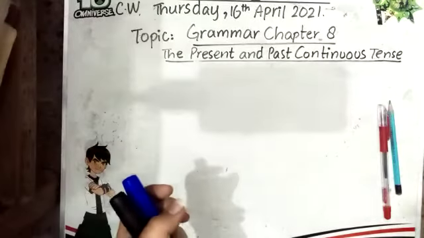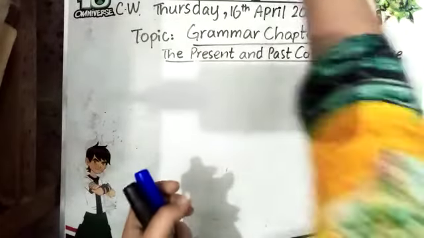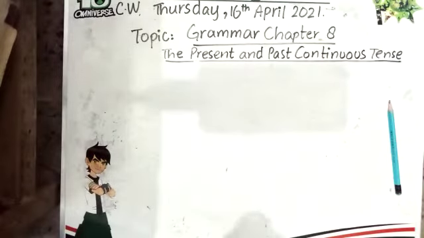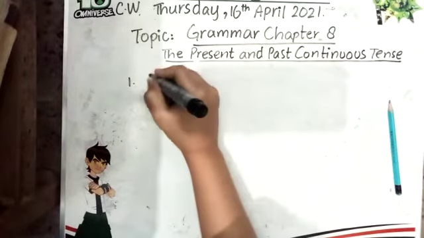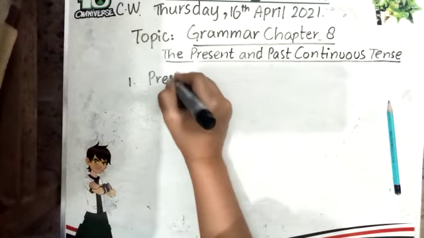Now let's see what the simple present and simple past continuous tense are. The very first one is present continuous tense.